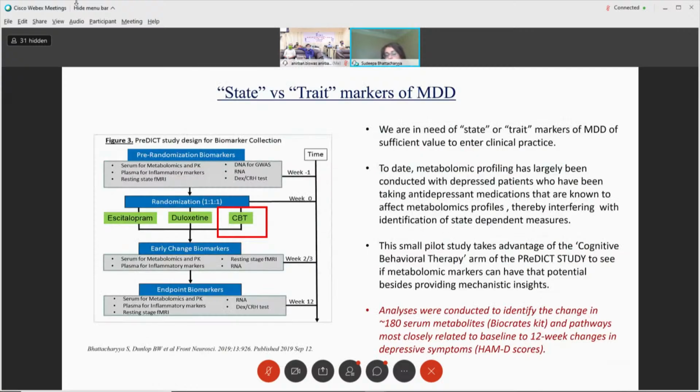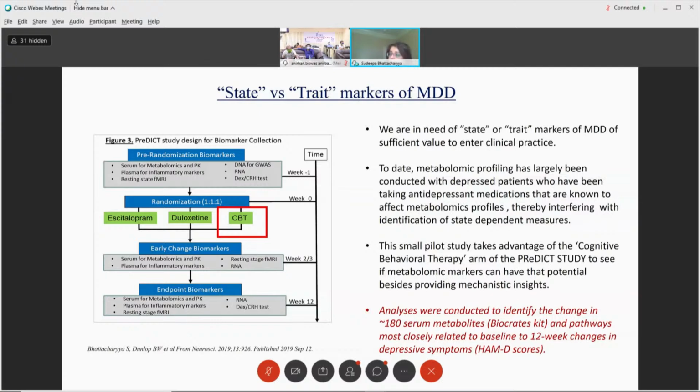We also looked at whether we can see state and trait markers of depression. Now, state markers are something that clearly associates with the disease. When the disease is flared up, these markers show up, and when the disease goes down, the markers are not there anymore. So those are state markers that tell us about the state of the disease.